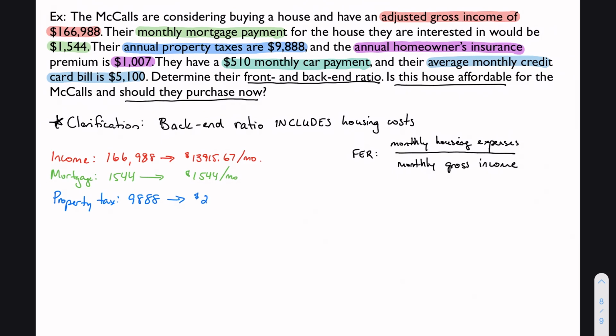So I'm just converting everything as we go. I'll try to get some timestamps up if you feel comfortable with this problem and want to skip ahead a little bit. Homeowners insurance is annual. It's $1,007 a year, so $83.92 per month.